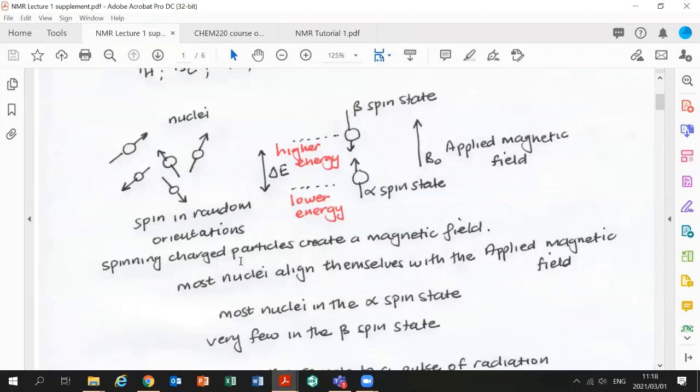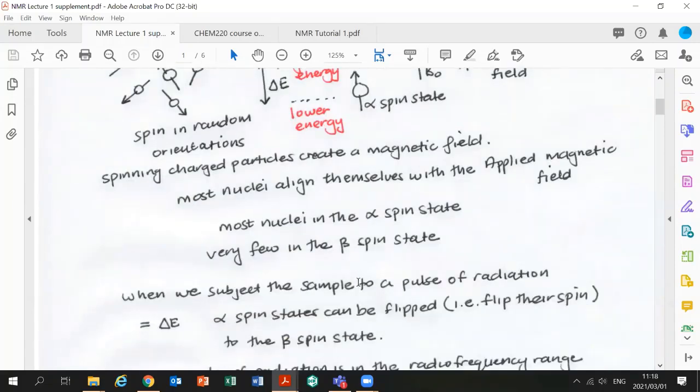But most of the nuclei, and I say most of the nuclei because there are just a few that align themselves against the magnetic field, right? Because they are higher in energy. But very, very few protons do that. Right? Those who are charged enough can actually spin in the other direction, but most spin in the direction that allows them to be aligned with the applied magnetic field.